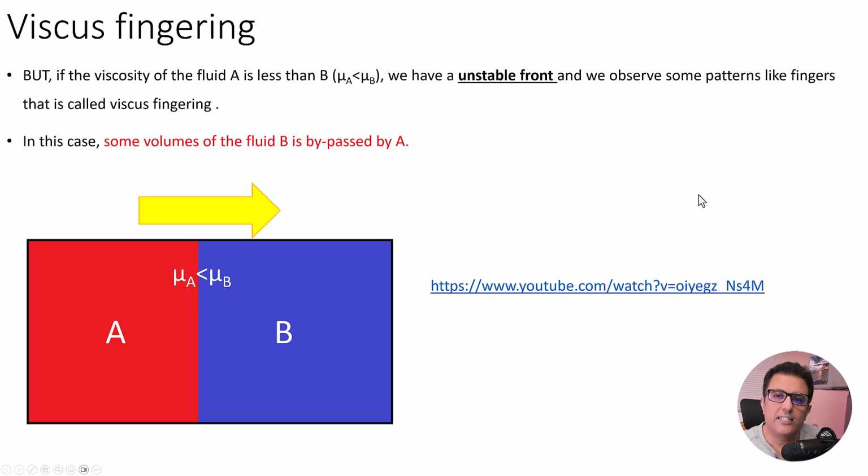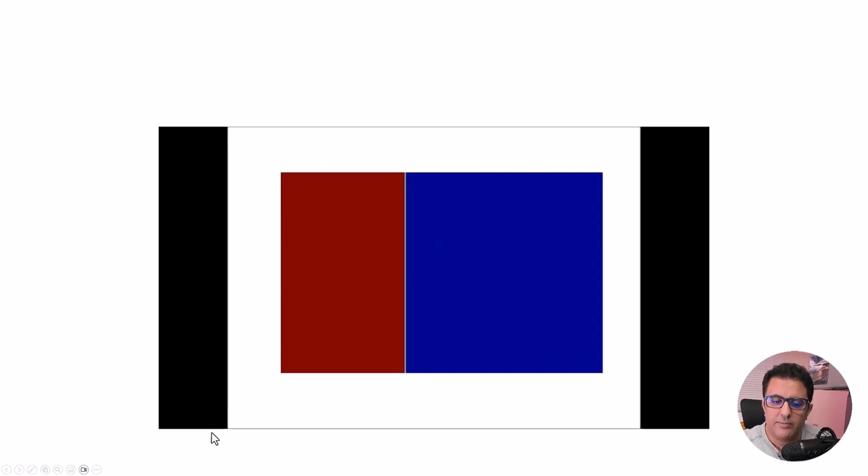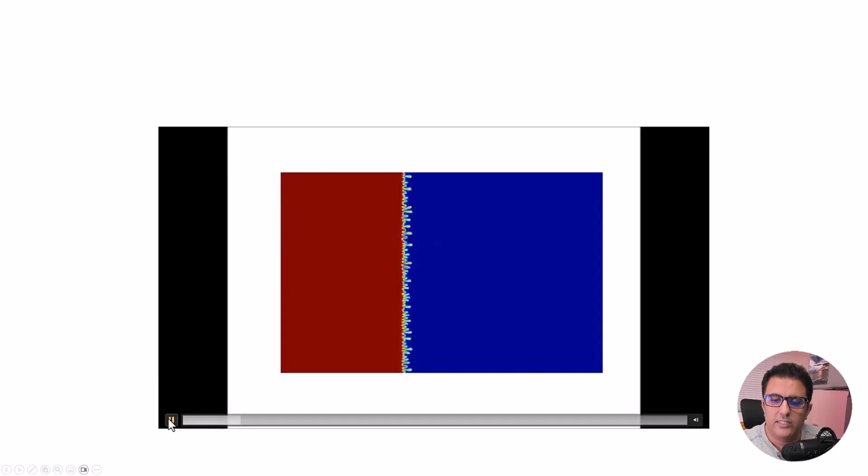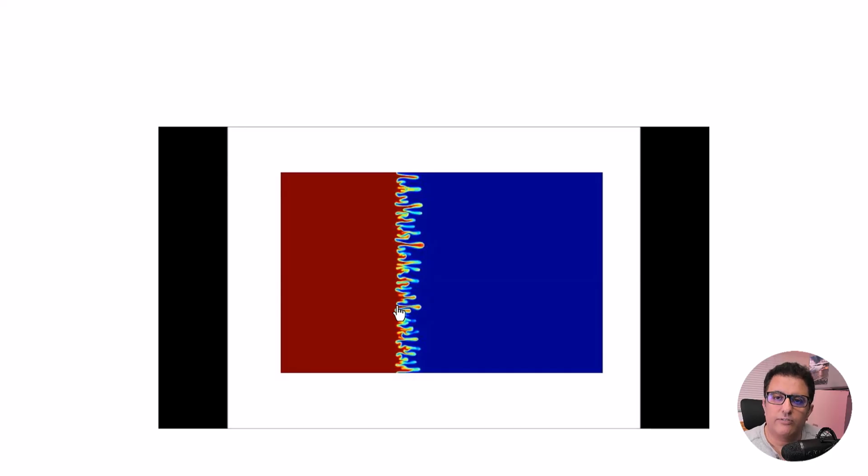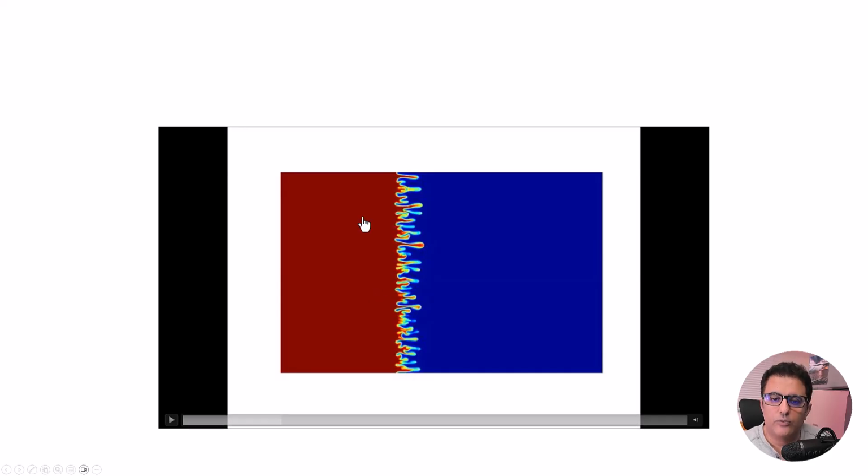Now consider another scenario in which the viscosity of A is smaller than B. So here A is water and B is oil, and A displaces B. If we repeat the same experiment, as you see here, at the boundary you see the development of some finger-like structures that is called viscous fingering.